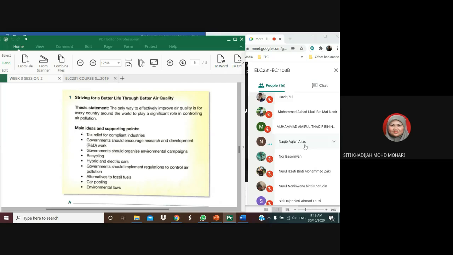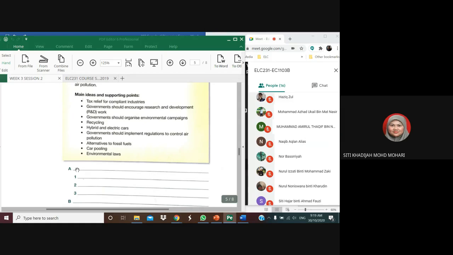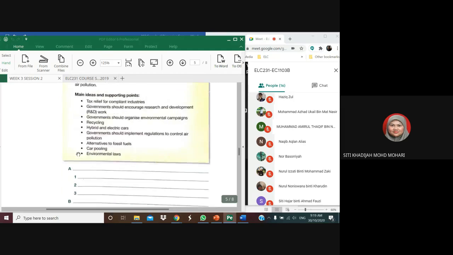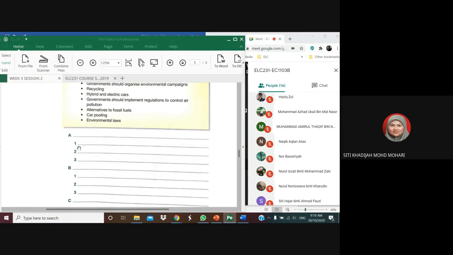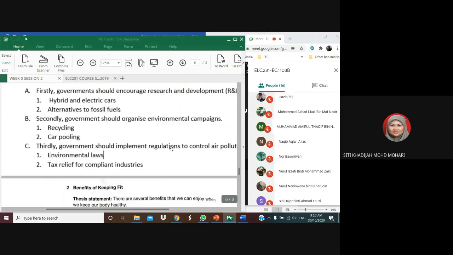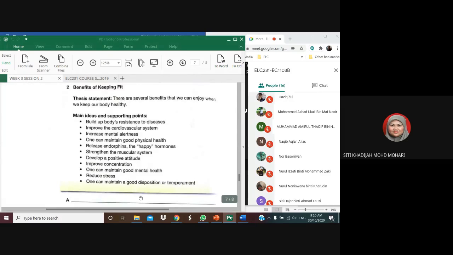Excellent, very good. So the ones you put in the A, B, and C spaces are the topic sentences, and the ones you put into the 1, 2 spaces are the supporting details. Now these are the answers. You have gotten the answers correct.